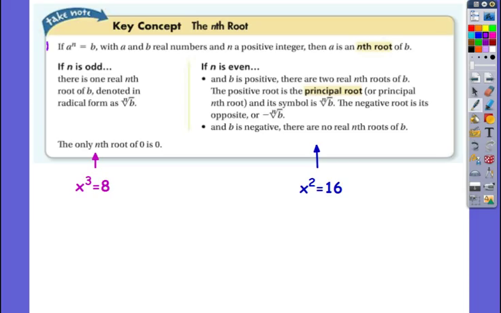So if you read with me, it says, if a to the nth power equals b, with a and b being real numbers and n a positive integer, then a is an nth root of b. What does that mean? Well, let's look at if n is odd. So a case like this, if I'm raising x to an odd power to get 8, if I want to solve this, to undo the cube, I take the cube root.